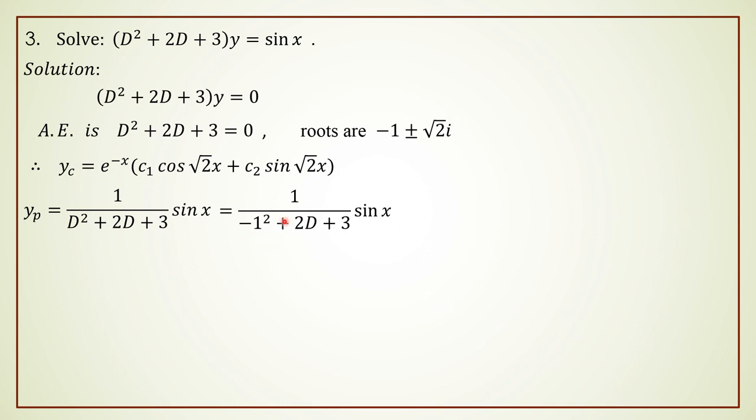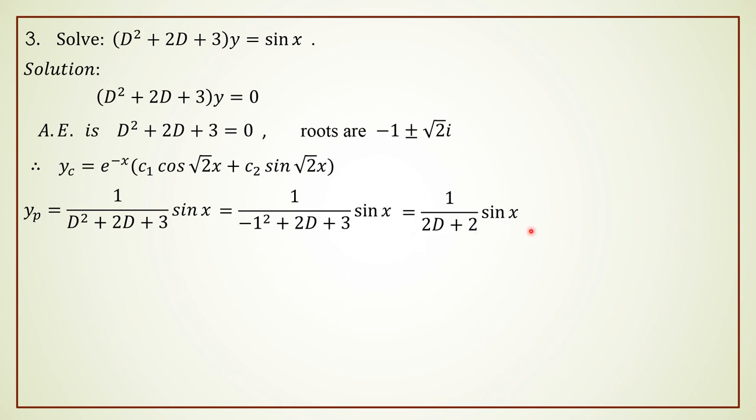The minus sign is outside the square, so it becomes minus 1 plus 3. What is minus 1 plus 3? It is plus 2. So you have the equation 1 by 2D plus 2 acting on sin x.